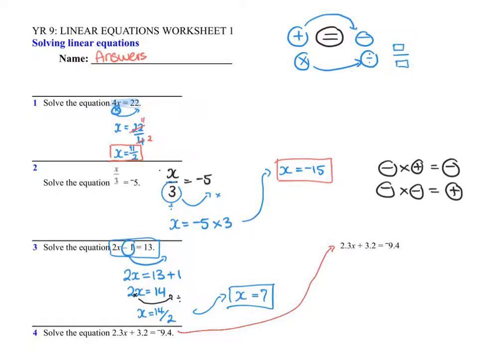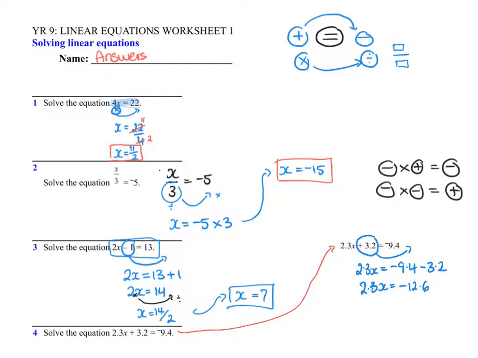Okay, with this one, I'm just going to move it over here so that you can see it. With these numbers, when we have decimals, you most likely would have a calculator allowed. So we can still solve it and I'll show you, and you can use your calculator for the final bit. Okay, so I'm going to move this plus 3 over. I haven't moved this 2.3x, so I've only moved the plus 3, so the opposite to plussing is subtracting. So I'll do that, then I'll tidy it up. So negative 9.4 minus 3.2 becomes negative 12.6.